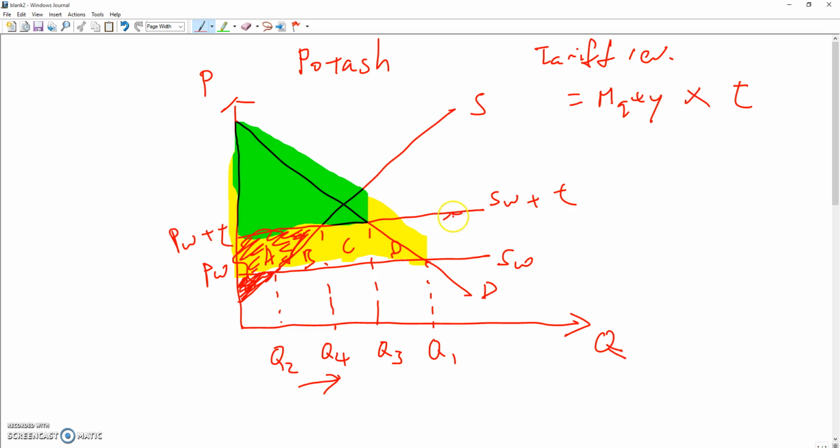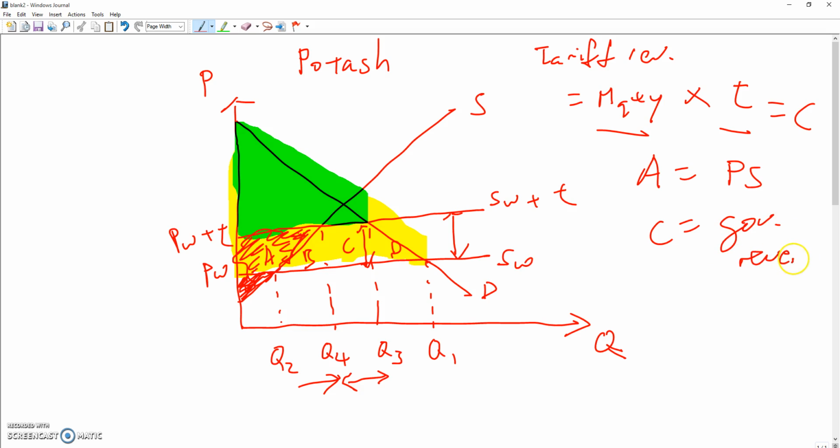The tariff is the vertical distance, and my horizontal distance is Q3 to Q4, which is my new import quantity. Hence, this times this equals C. So A equals producer surplus, C equals government revenue. We cannot consider both A and C deadweight loss because they are still part of society. We assume the government takes the revenue to do something good for society.